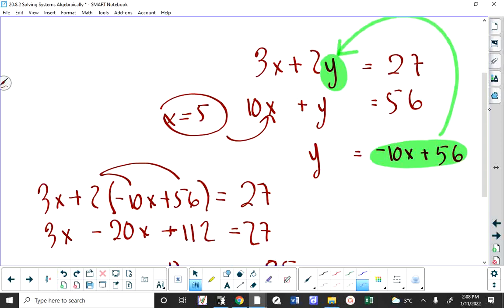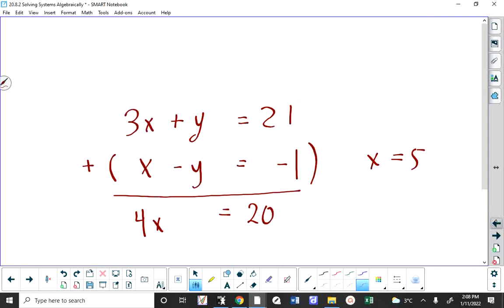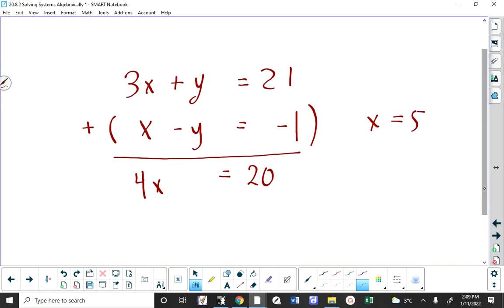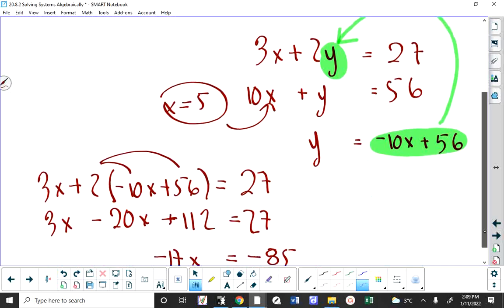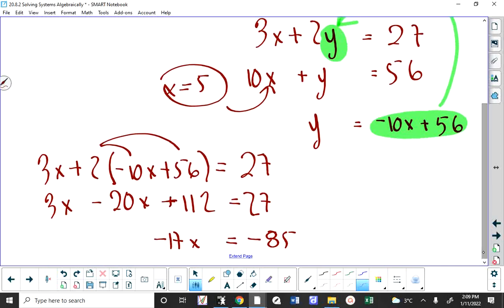I want you to notice something: with elimination, you solve for one of the variables by eliminating the other, but then to get the second variable, you put that back into an equation. And you do the same thing with substitution. You substitute in to get one of the variables, and then you put it back into another equation. All right.